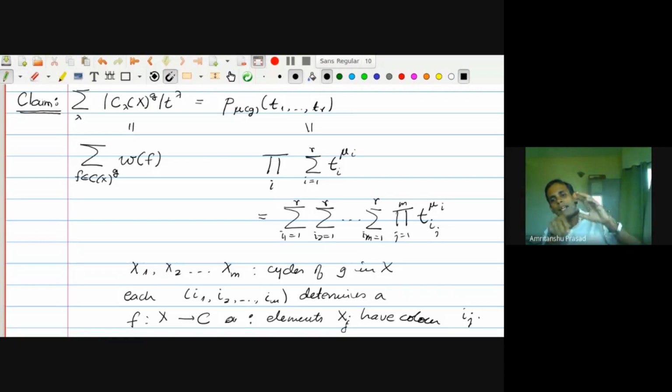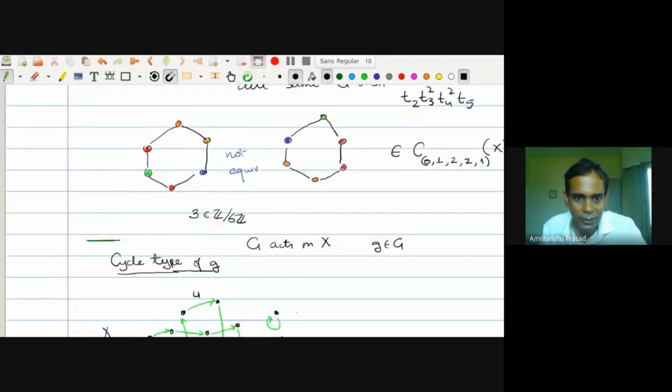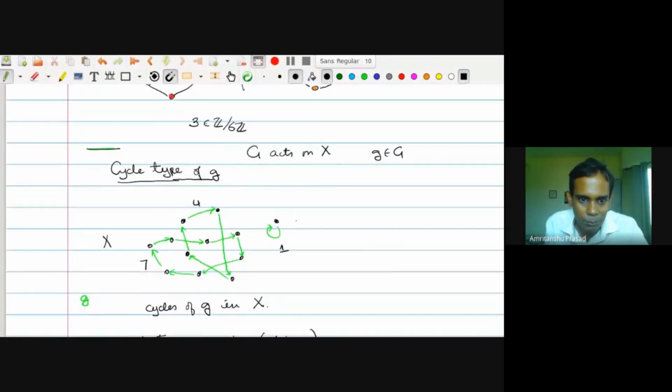So now if all the elements in the cycle have the same color, then the coloring is going to be invariant. If I colored these points and the coloring was invariant under the transformation of the group, then all these elements would have to have one color. They could also be red, but they would definitely have to have the same color.